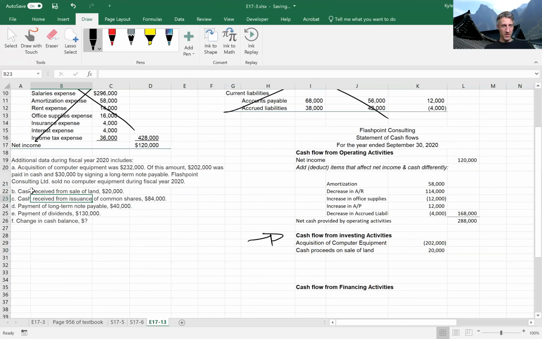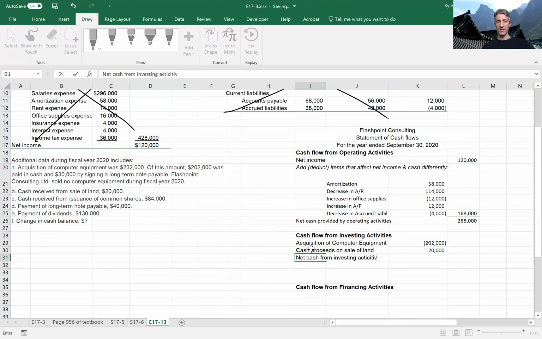Part B. Part C is common shares. D is note payable. E is dividends. So the remaining 3 here are all financing related activities, which means that what I'm going to do is provide a subtotal, net cash from investing activities.